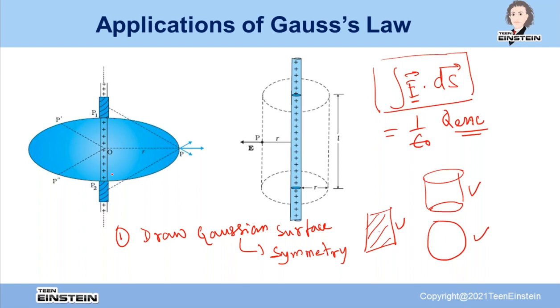Look here, if I have a wire and I have to find the electric field at a certain distance r from the wire, suppose my point is here at P. Now if I rotate this point in a circular path surrounding the wire, I get a circular space, and then if I move forward to cover the whole wire, rotating and moving forward, you will get concentric circles like this.